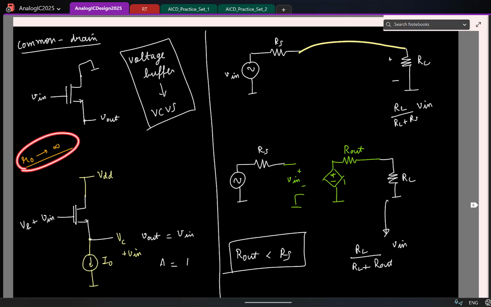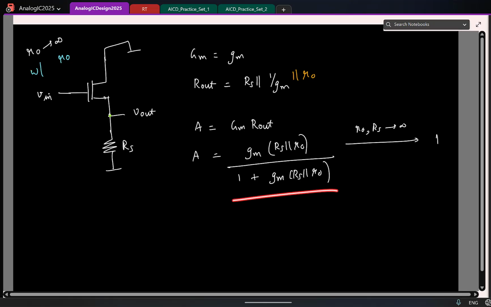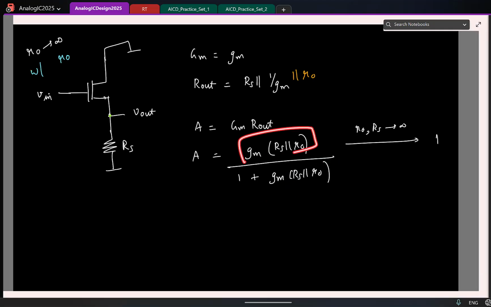So which means R0 was infinity and RS was also infinity. So I already know if R0 and RS tend to infinity, this should tend to 1. Is that happening here? This fellow tends to infinity, so numerator this will dominate, denominator this will dominate. This limits to 1. So at least one more check is done.